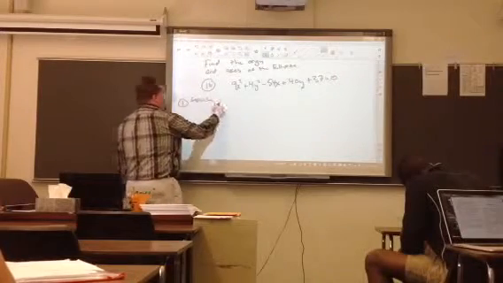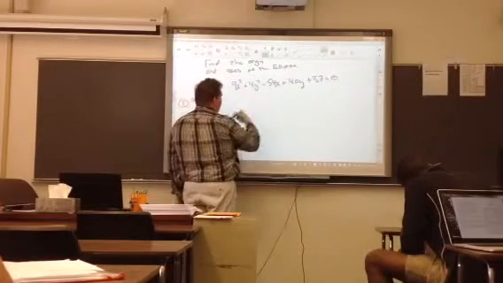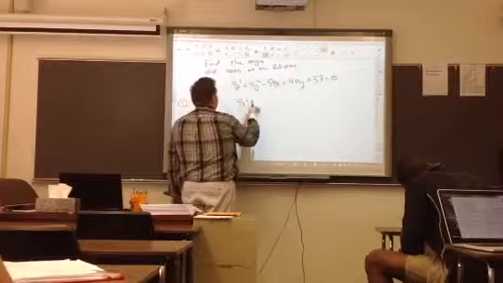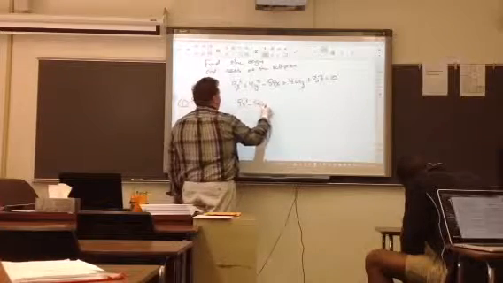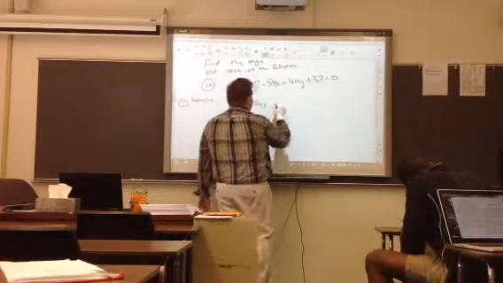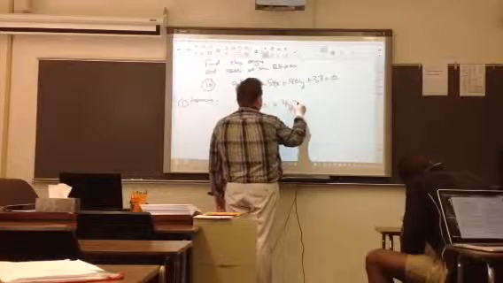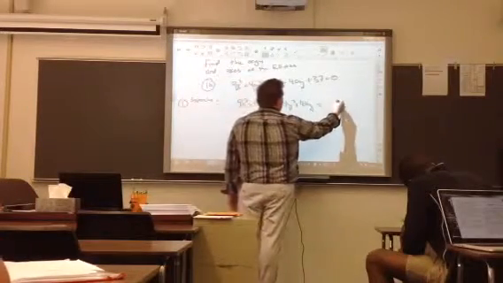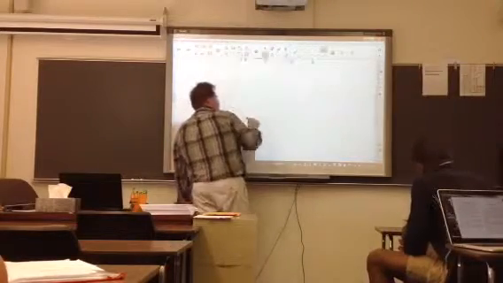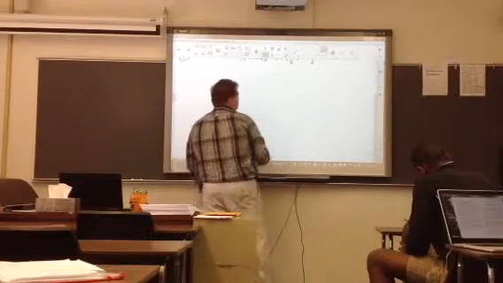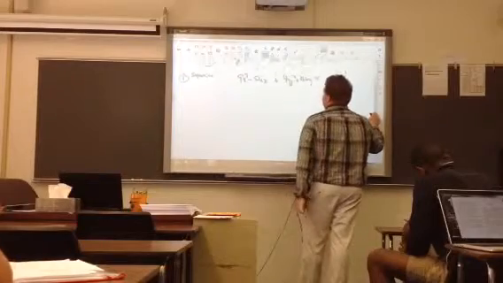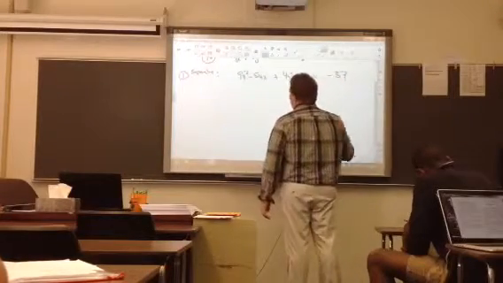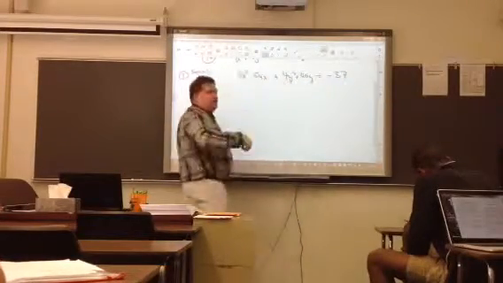So I'm going to group my x's together to make this 9x squared minus 54x. Group my y's together, plus 4y squared plus 40y, and set it equal to minus 37. Now my x's are grouped together, my y's are grouped together, and my things that don't have an x or y are isolated.